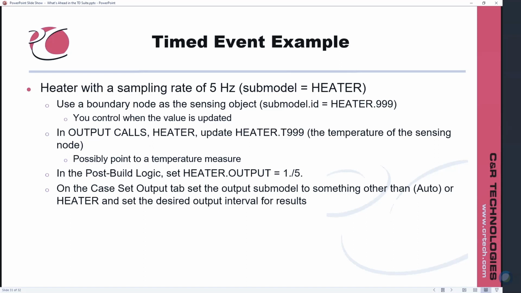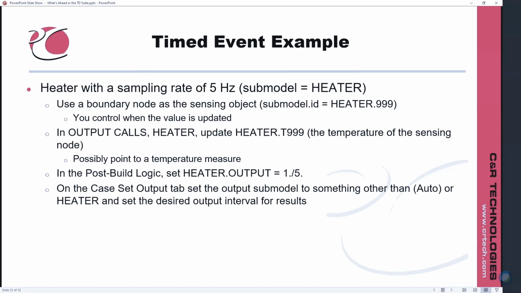And so here my example would be a 5 hertz heater that is sampling at 5 hertz. So set a boundary node as the sensing object. So it might be heater.999. And you control when the value is updated. So you can assign a temperature to a boundary node anytime you want.